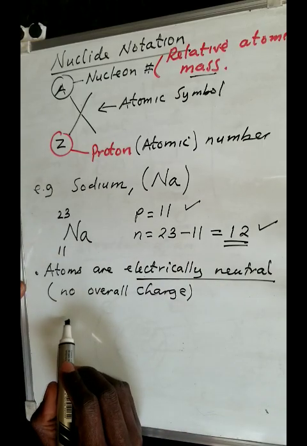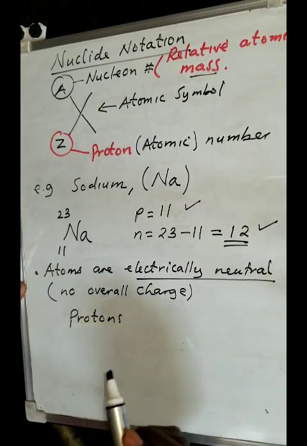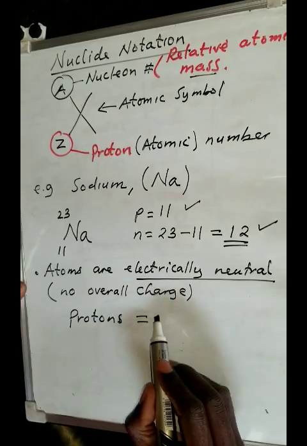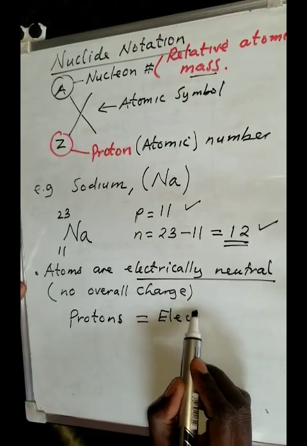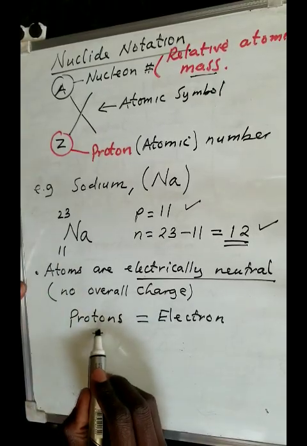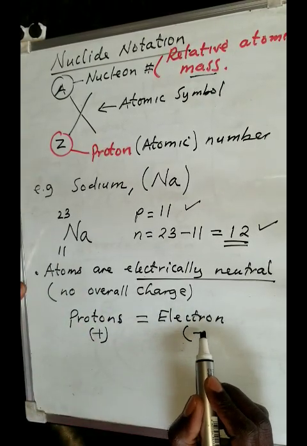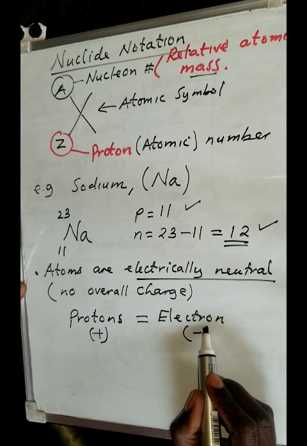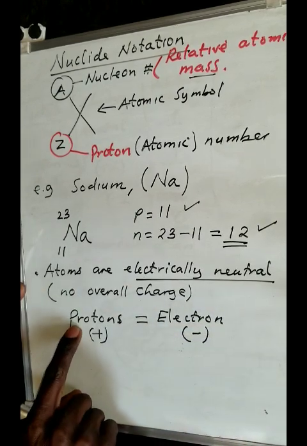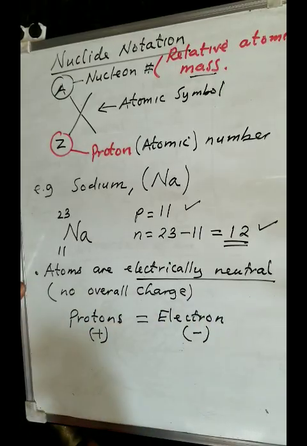Well, this is because the number of protons is equal to the number of electrons in an atom. Remember, protons have a positive charge and electrons have a negative charge. So because the number of protons is equal to the number of electrons, it simply means there's no overall charge.